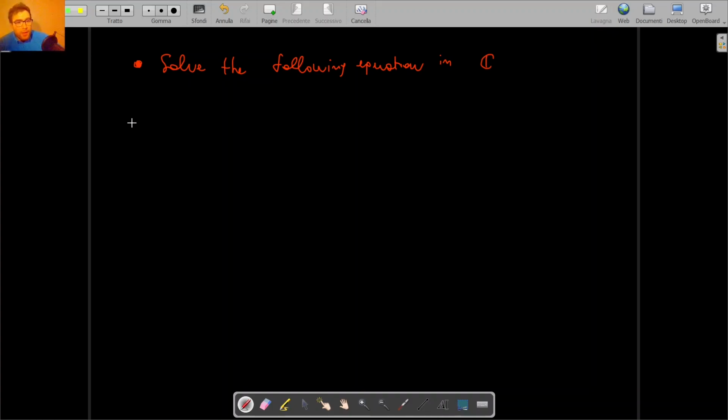We have z squared, which multiplies the modulus of z squared minus 1 plus i, which also multiplies z star, which is nothing but the complex conjugate of z, and this whole expression is equal to 0.